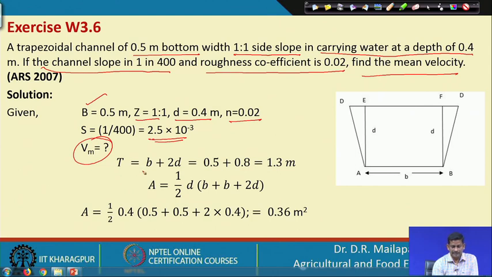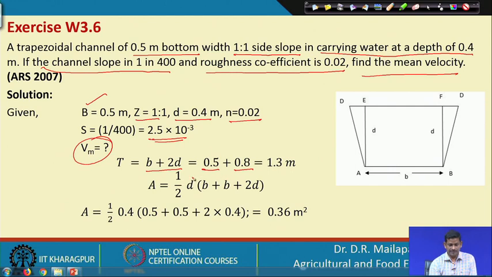Okay. Here T is equal to B plus 2D, because this is a trapezoidal channel. So, the top width is B plus 2D. B is 0.5 and 2 into D is 0.8, so D is given.